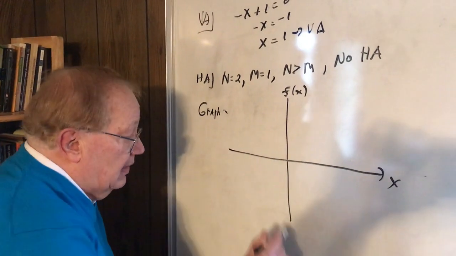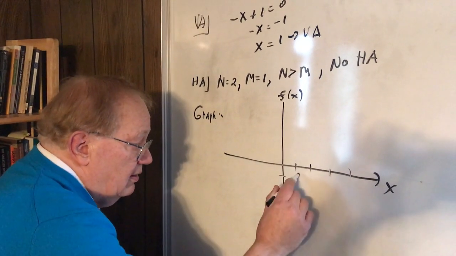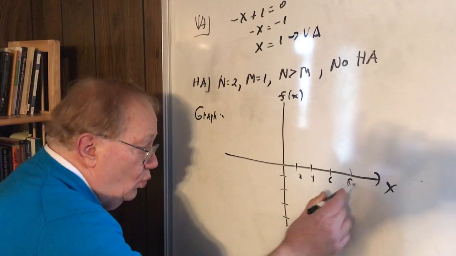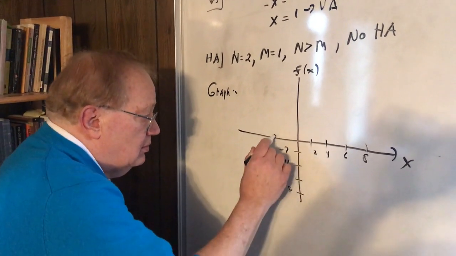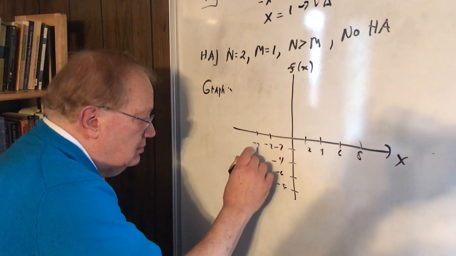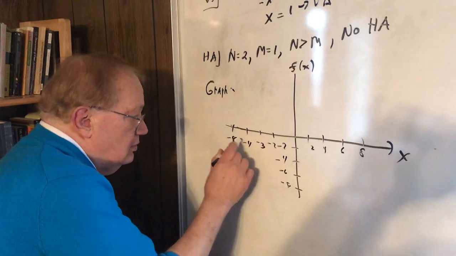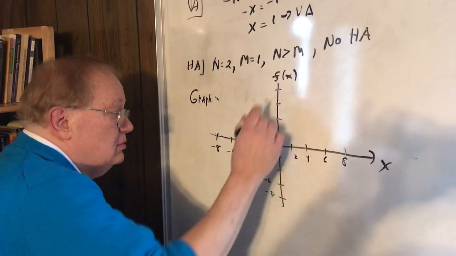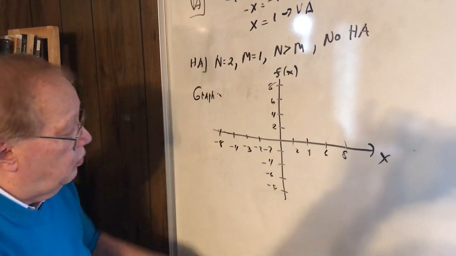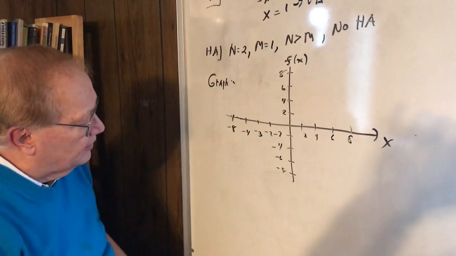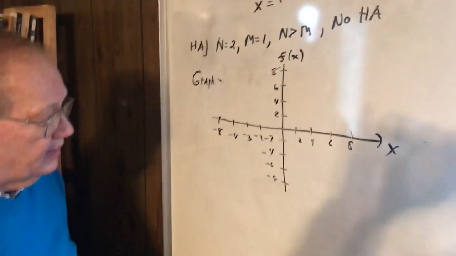Once again, it's actually the same window. For the Y window, you can just do a standard window between plus or minus 10, and the X window between plus or minus 10.